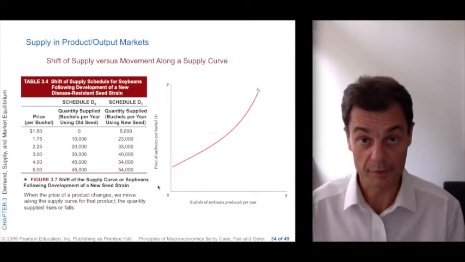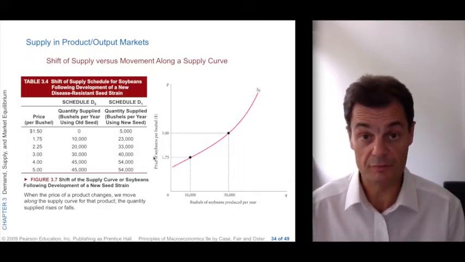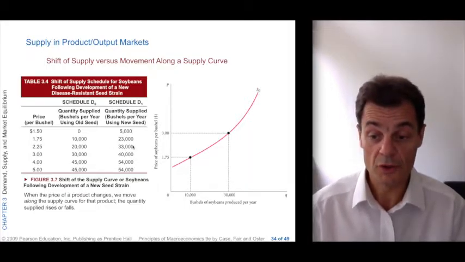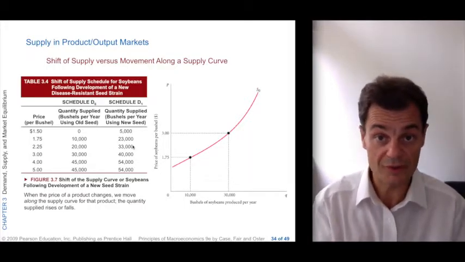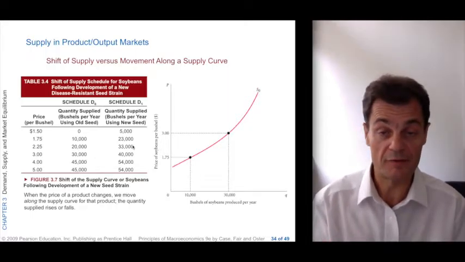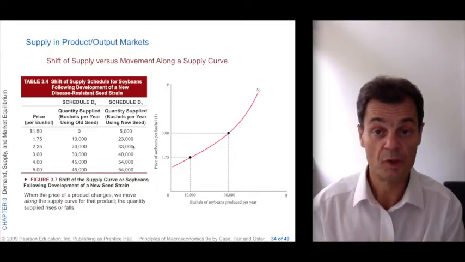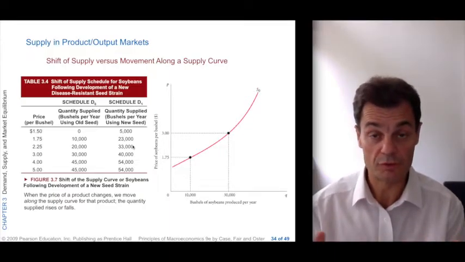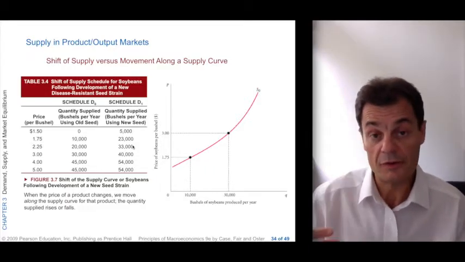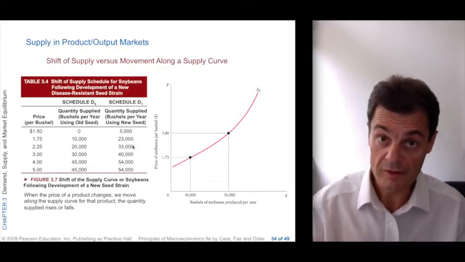For example, here we have the original supply curve, which we discussed earlier, but suppose there was a new strain, a new type of seeds for soybean, which would become more efficient and which would in fact lower the price of production for farmers, or which would produce more soybean per hectare. Then the supply curve would change.